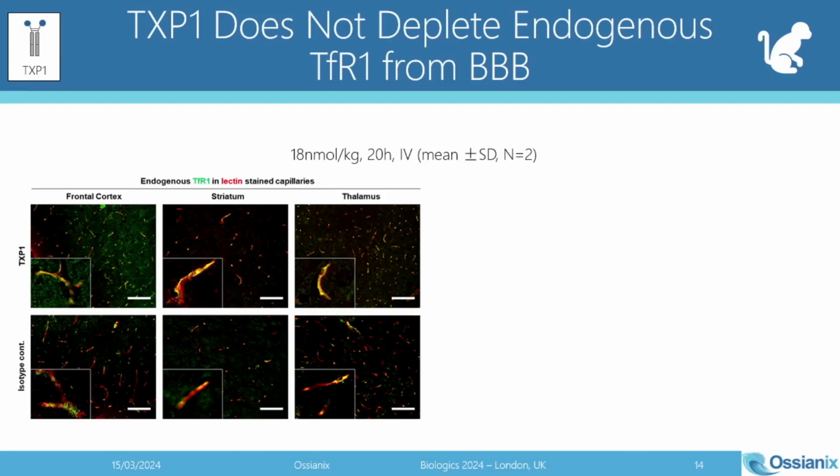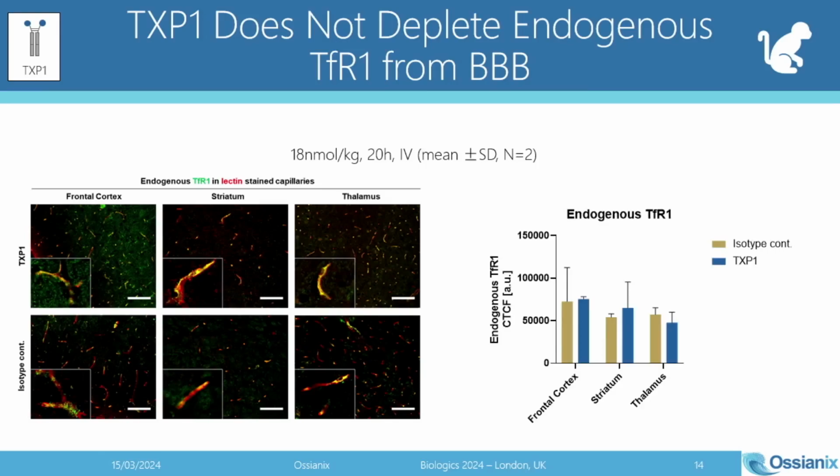So we look at it as a potential liability of antibodies, and we look through different methods. That's just quite a nice method using immunofluorescence, where we look at endogenous TFR1 in the sections stained with lectin. So we were basically quantifying specifically TFR1 in the capillaries.